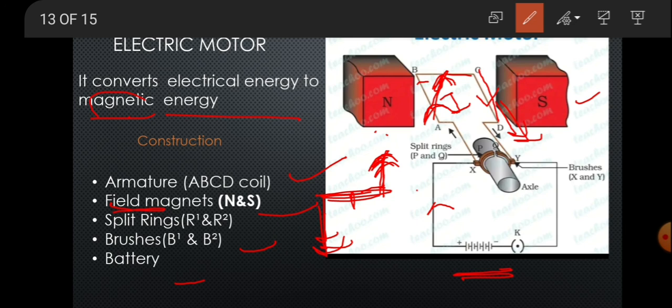This is called torque. So if the coil rotates, the electrical energy is converted into mechanical energy. This is the basic working of an electric motor.